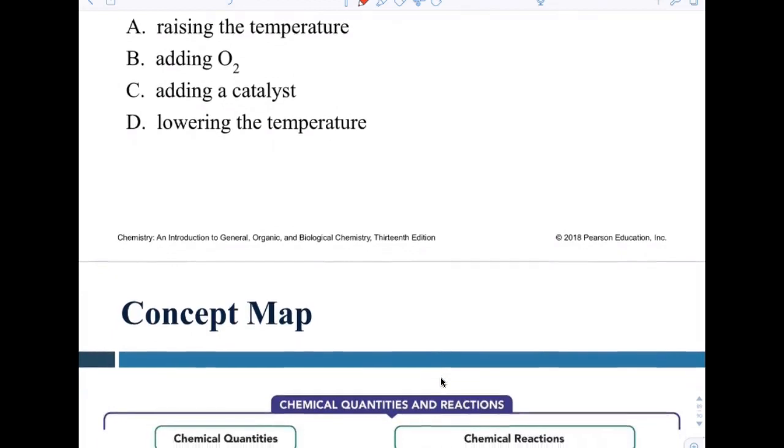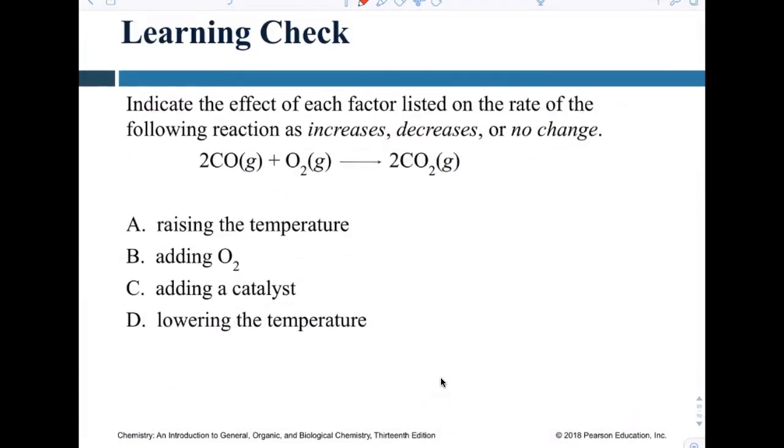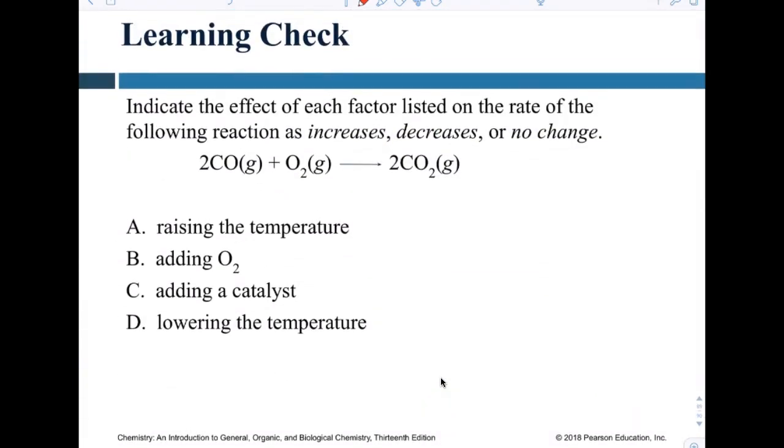And so here, we're going to do it one more time, so give us a pause and look at this individual case. Okay, so look at this reaction in raising the temperature. So raising the temperature of this reaction is going to increase it because it gives it more energy to go. Adding oxygen.